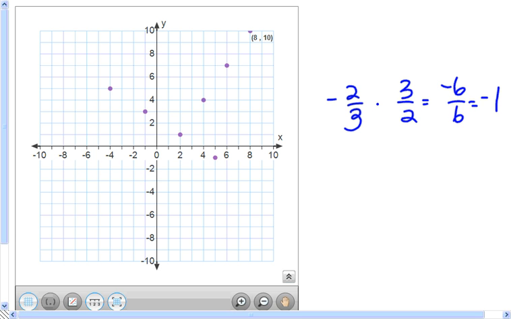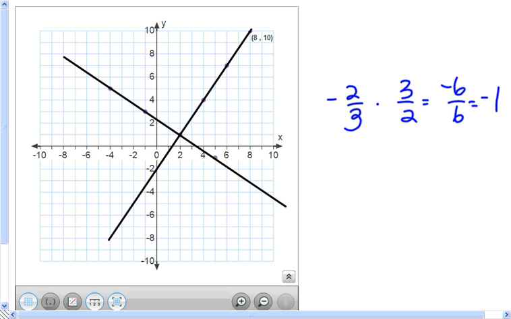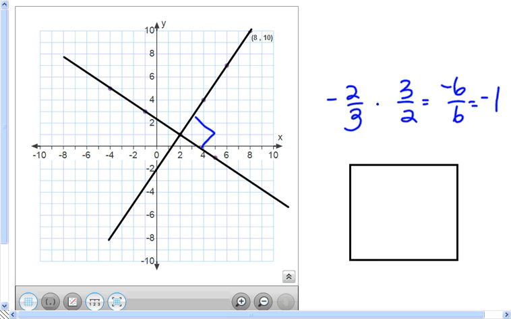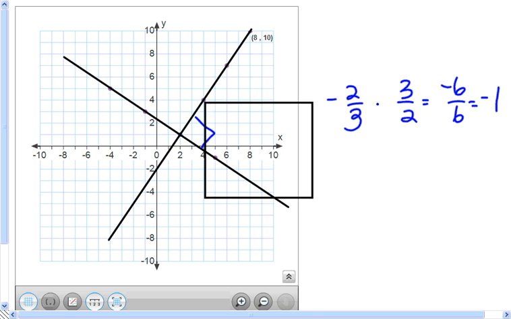All right, and if I draw a line through that, and then draw my other line back through those other points, like that. Now, if you look closely, you should believe that that's a right angle, but just to make sure, I'm going to do my rectangle test again. Put that in there.